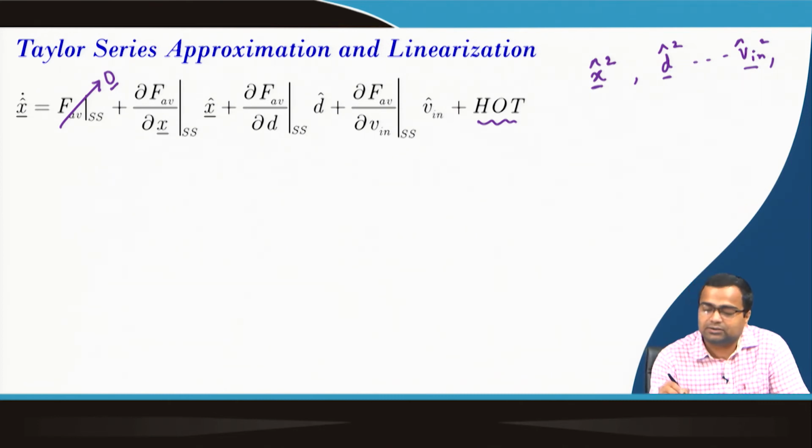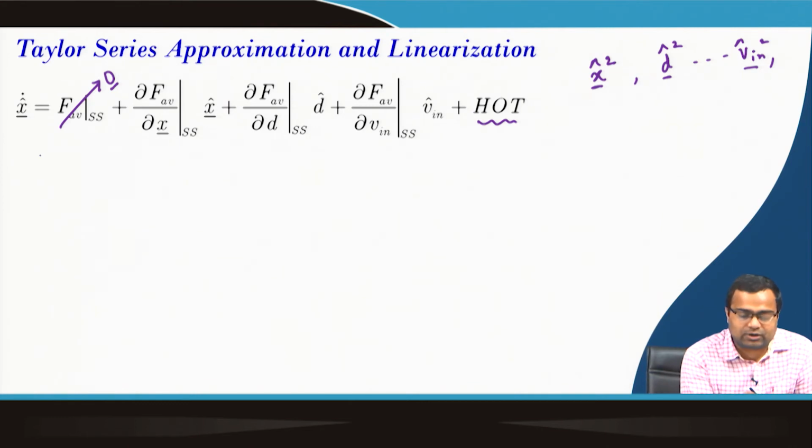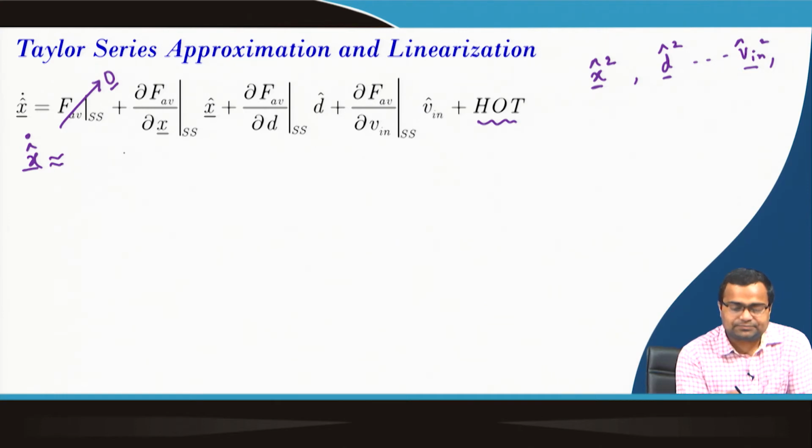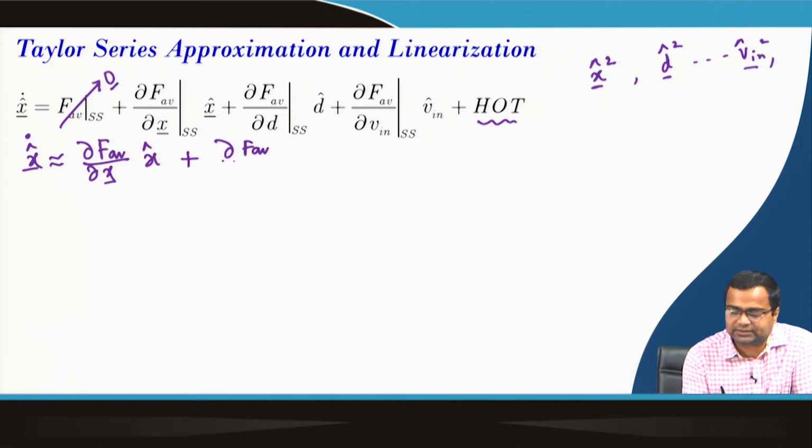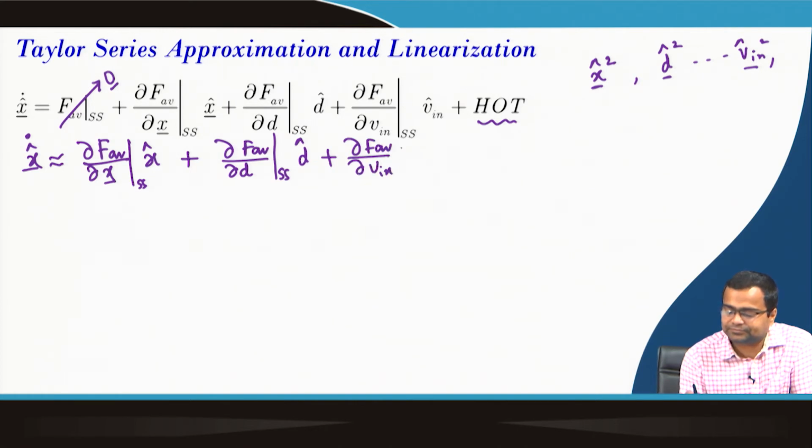Under that assumption, this can be dropped, and x hat dot can be approximated as dou f average by dou x into x hat, plus dou f average by dou d, computed at steady state, into d hat, plus dou f average by dou v in, computed at steady state, into v in hat.